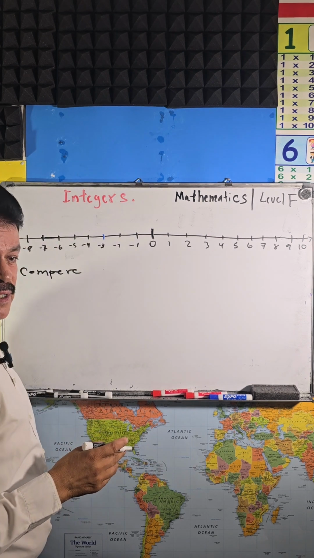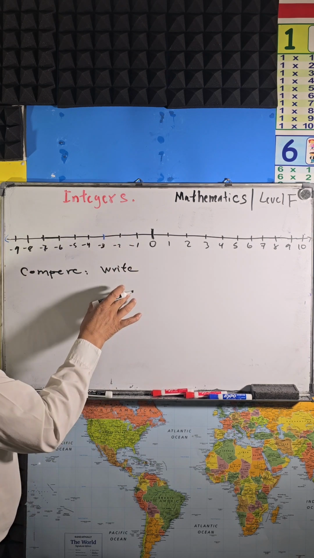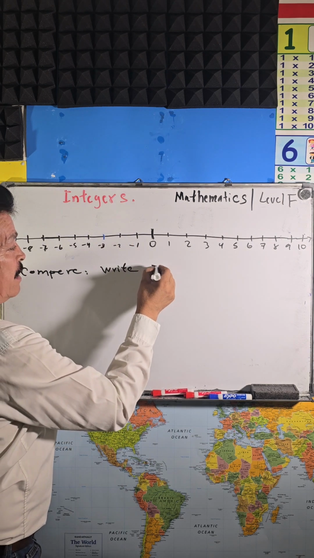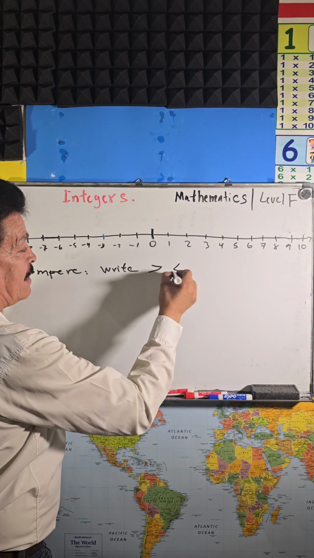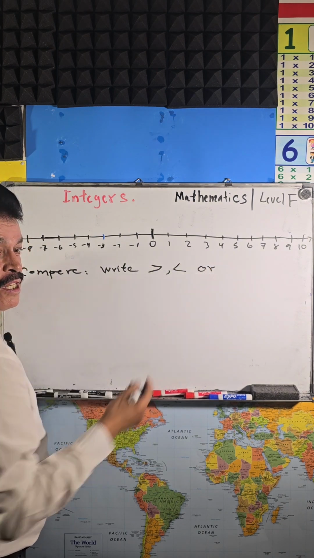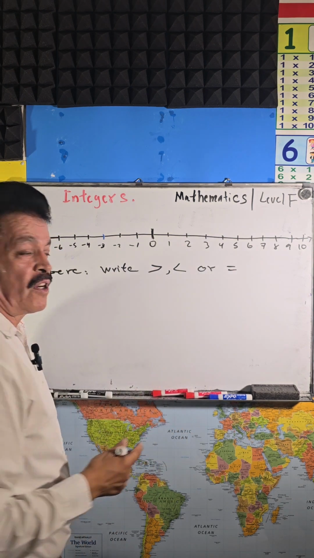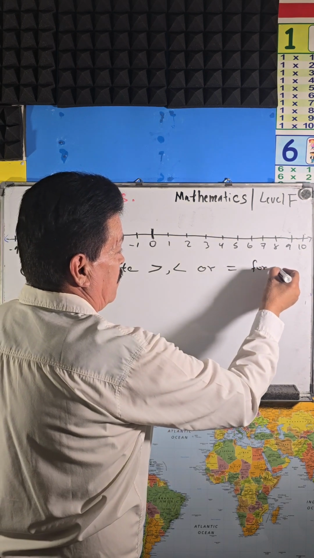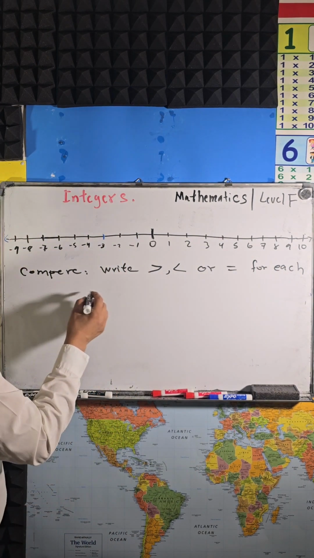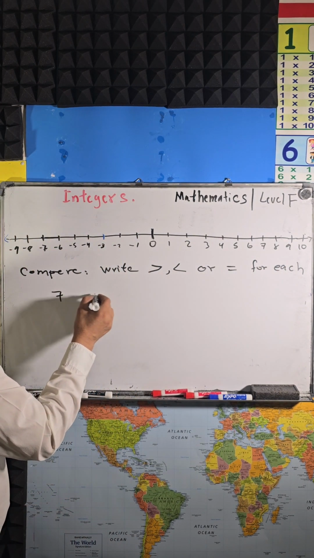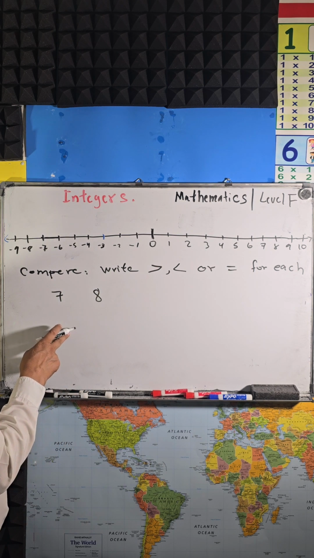I mean, in this exercise we have to write greater than, less than, or also equals for each. Okay, let me write the problem. We have 7 here and 8, for instance.